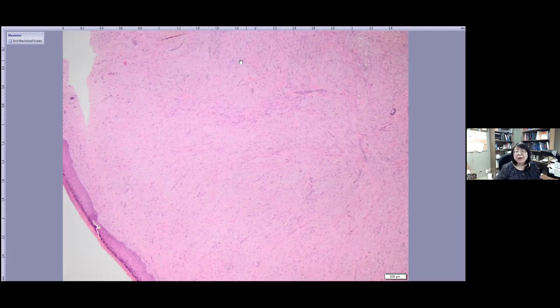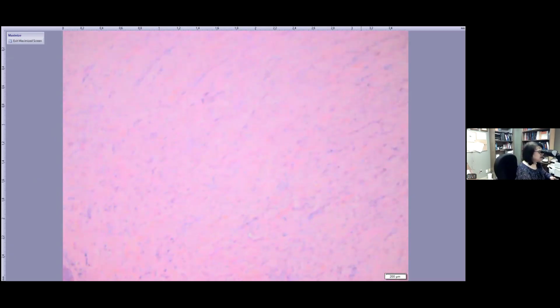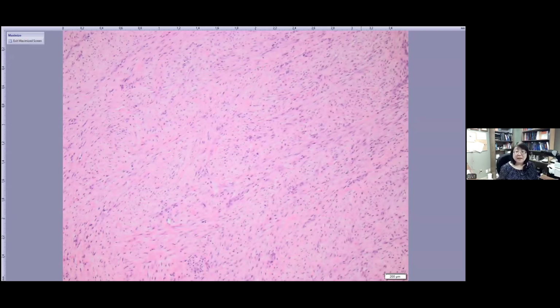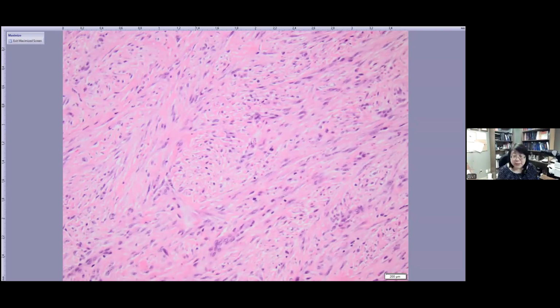A little bit whorling in some areas, and that's adnexal structure. So that's the kind of very bland spindle cells, background kind of fibrous tissue. Let's look. Usually do not have much mitosis, but occasionally may have mitosis.